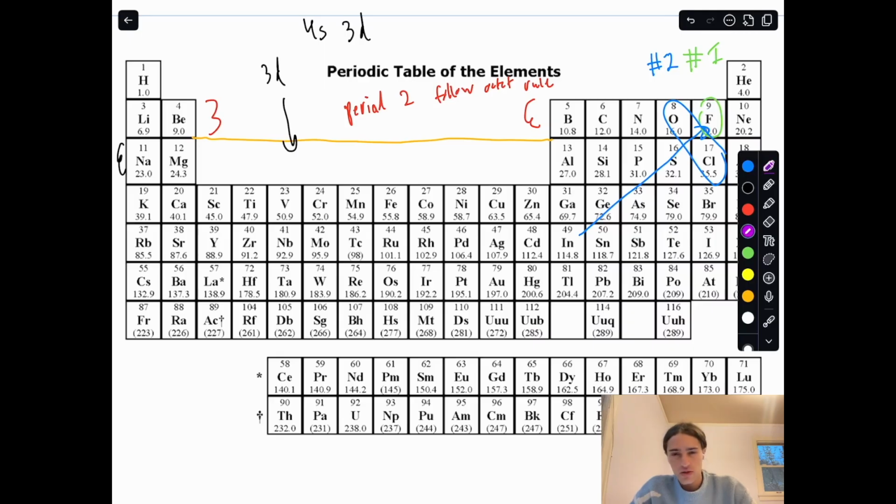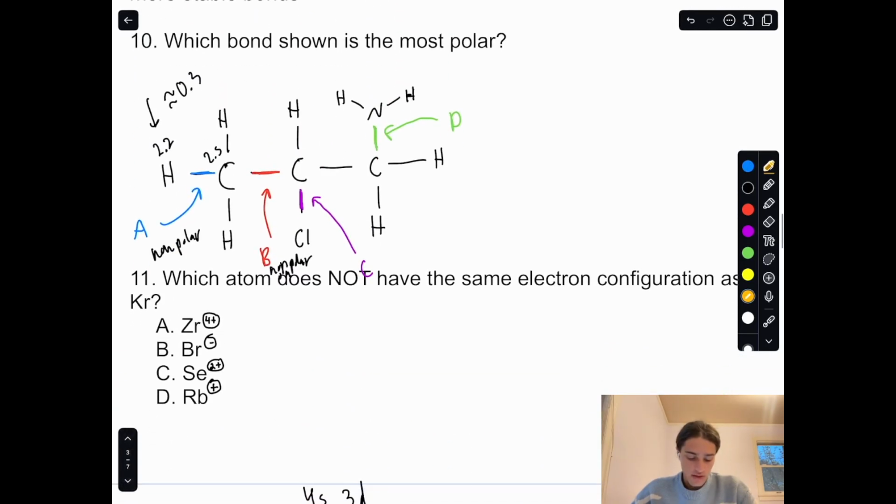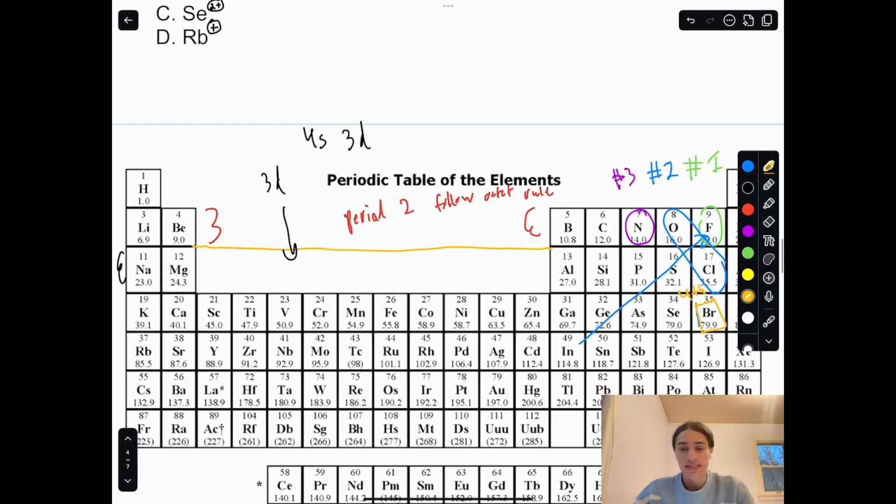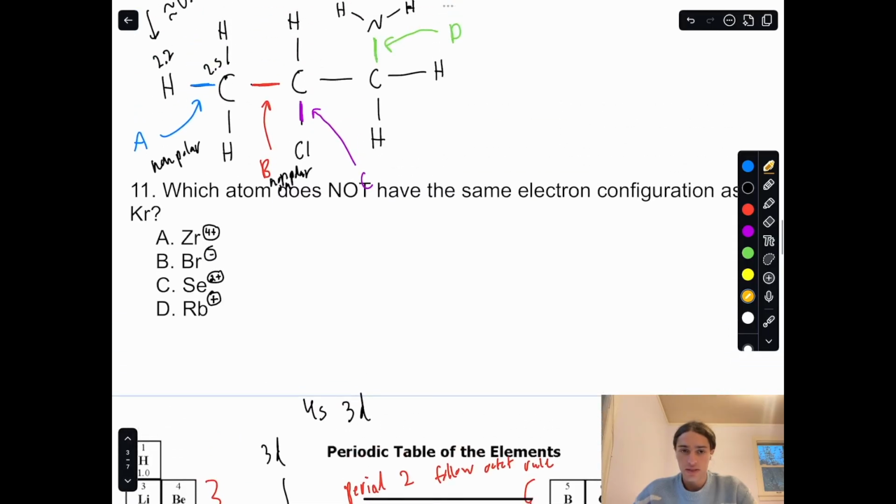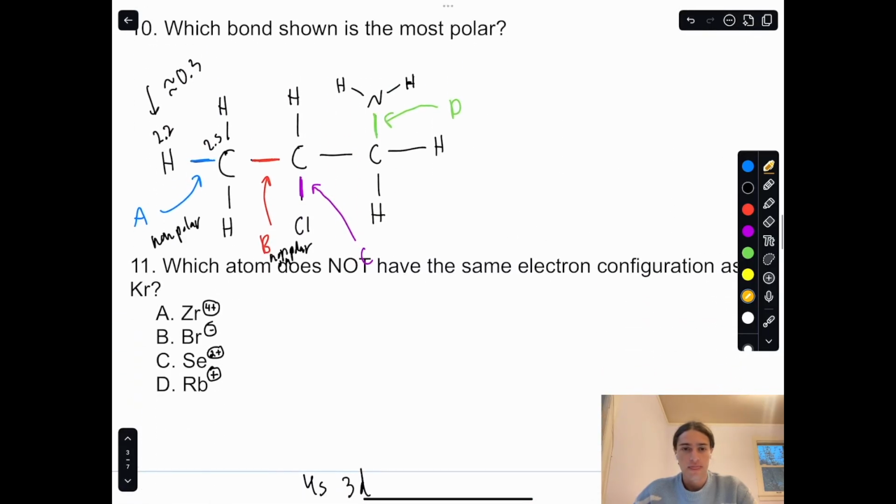Then in third place is nitrogen, and fourth place is bromine. So if we're comparing chlorine and nitrogen, chlorine is the second most electronegative element along with oxygen, so it's going to beat nitrogen. That makes its bond the most polar. So C.